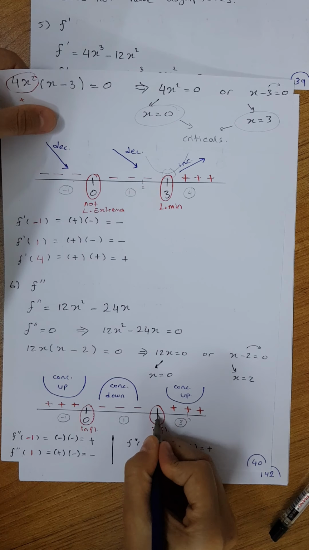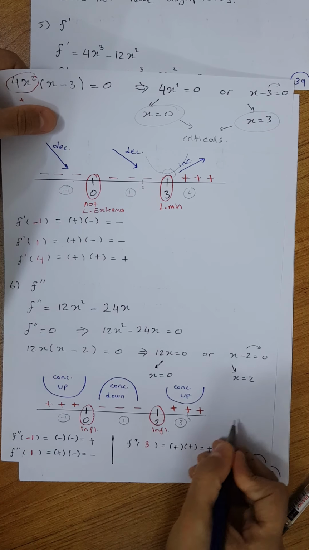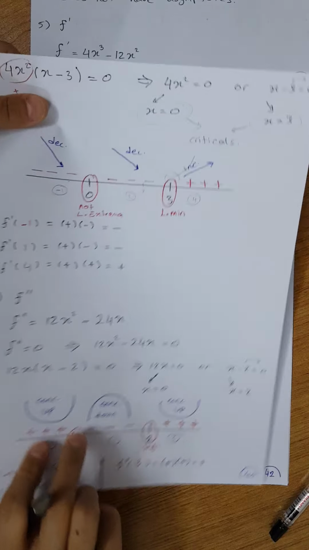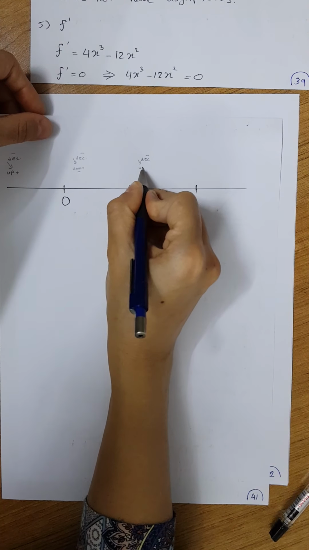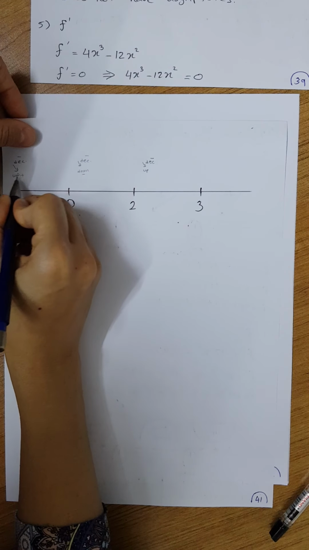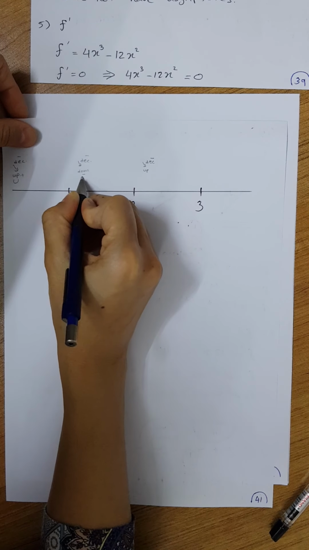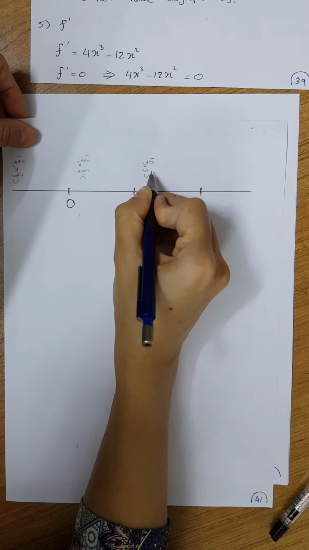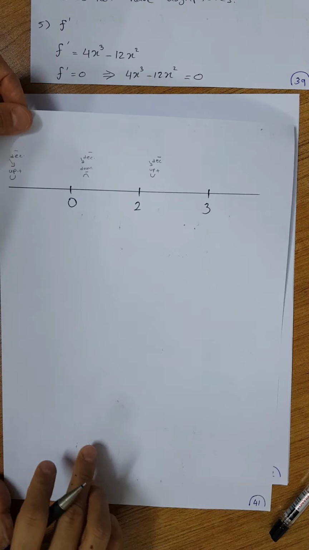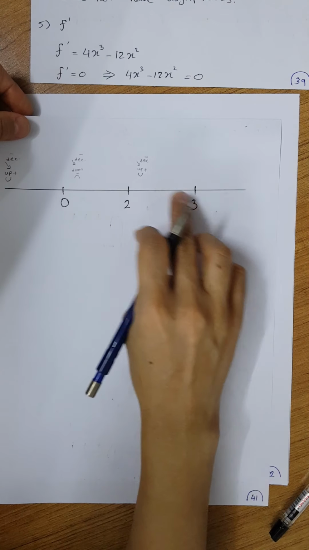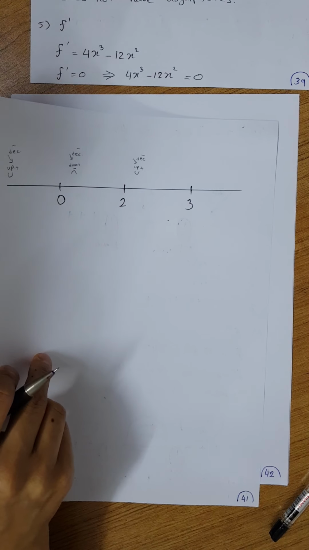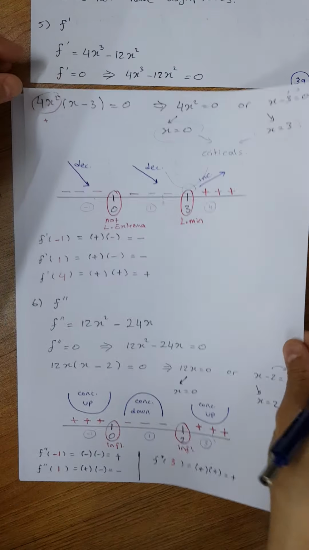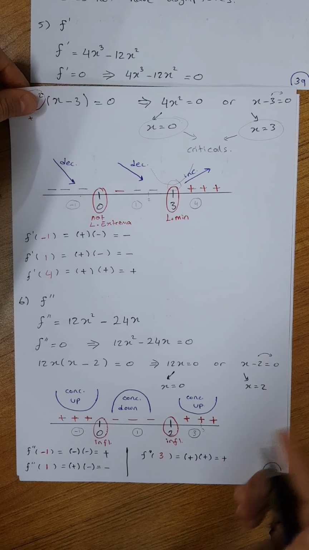Since it is concaved up from 2 to infinity, it is also concaved up from 2 to 3. I can write it like that: that's up and that's down, and that is up. So we know from 2 to 3 the function is decreasing and concaved up. Look, we are summing up, mixing the fifth and the sixth procedure to get something.